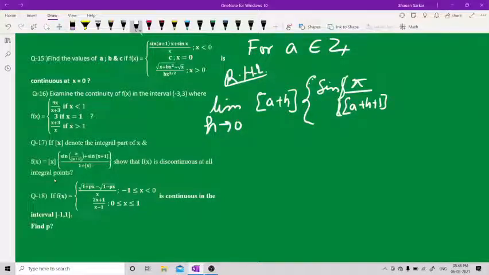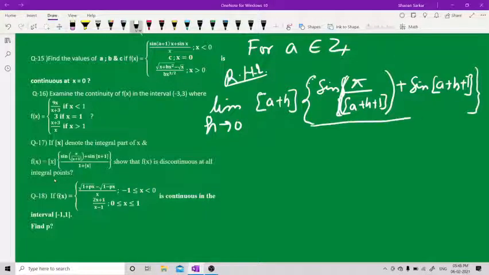Oh, sorry, this is the common bracket, plus sine greatest integer function a plus h plus 1 upon, this is the greatest integer function bracket, then this whole is divided by 1 plus a plus h, undoubtedly.